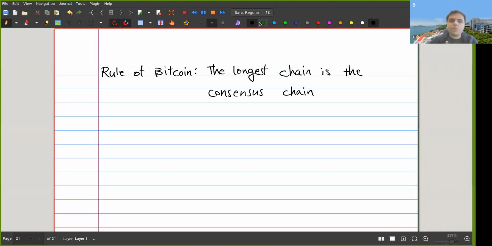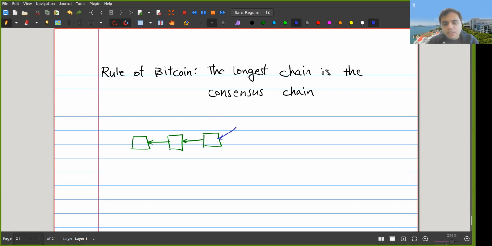What does this mean for you as a node on the network? Let's say that you are a node on the network and you have seen a bunch of blocks and you already agree with all of these blocks and you are in consensus with everyone else. And now let's say that suddenly you hear about two different blocks that want to be added to the end of the blockchain. And let's say that all of these blocks have the right hash.